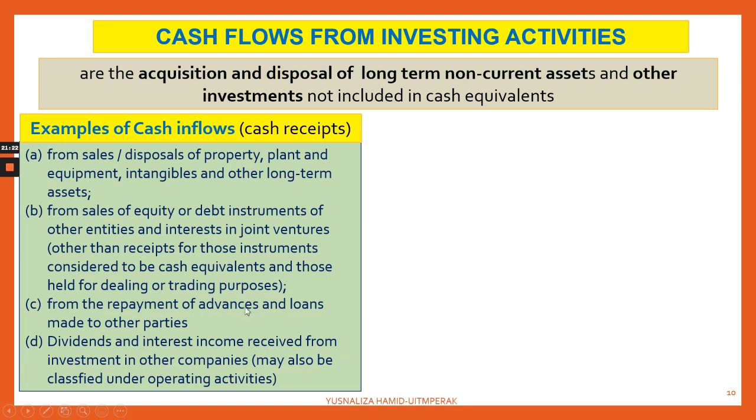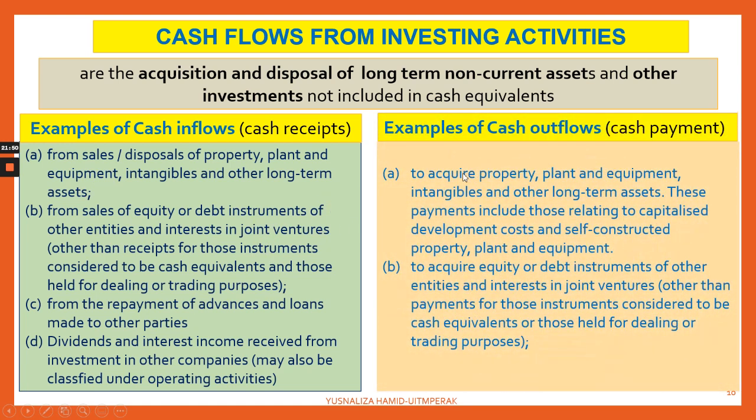From the repayment of advances and loans made to other parties, from dividend and interest income received from investment in other companies, right? So you can also include here rental income coming from the letting out of your building or your land. Basically, if that is the income coming from your investment property, the rental income received can also be included under investing activities.